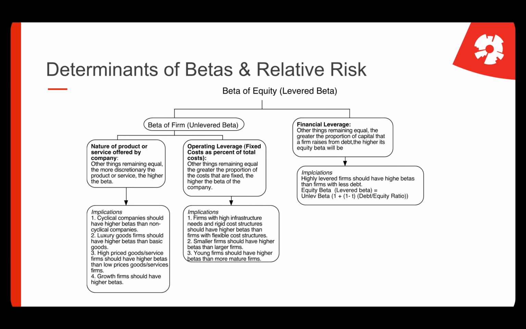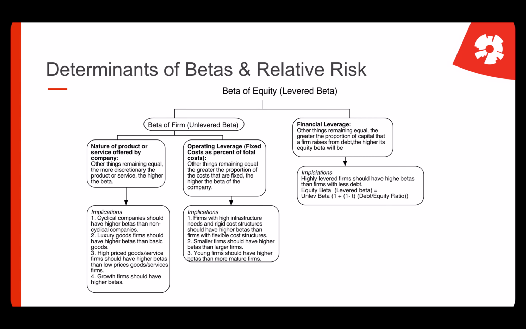Now let's break down the determinants of beta. At its core, the unlevered or asset beta reflects the business risk of the firm. First, by nature of the product, discretionary products, cyclical goods, luxury items, and growth firms all carry higher betas than staple goods or basic services.